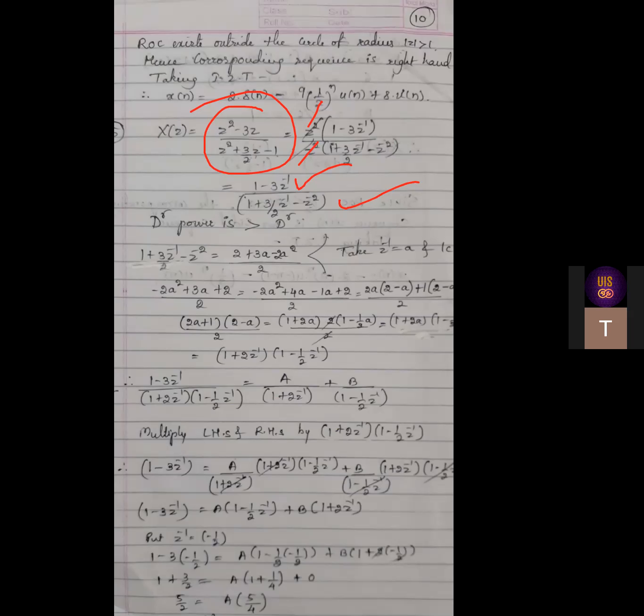However, if I take z square common and put the equation in z inverse form, negative powers, I can observe that the powers have become unequal. Numerator power is less, denominator power is more. So directly go for partial fractions. This is much easier.